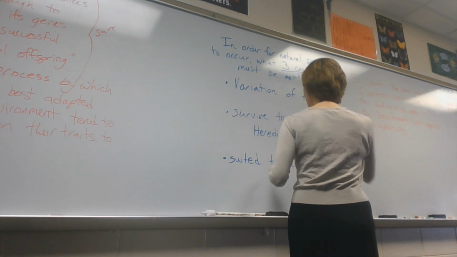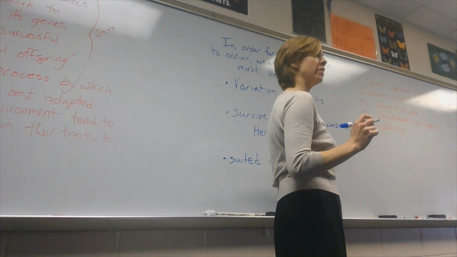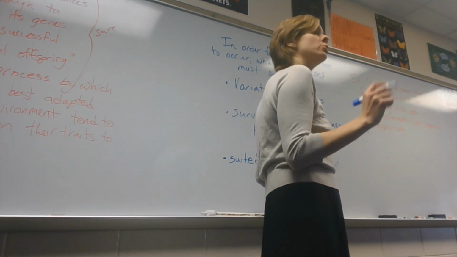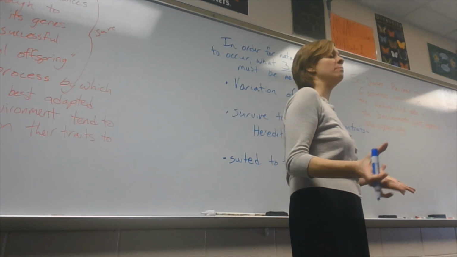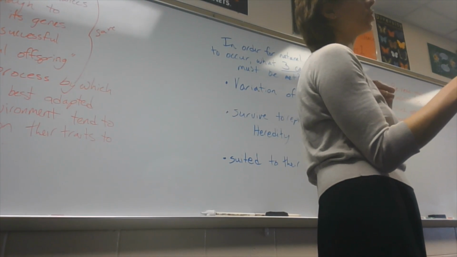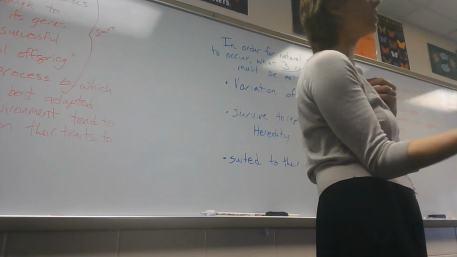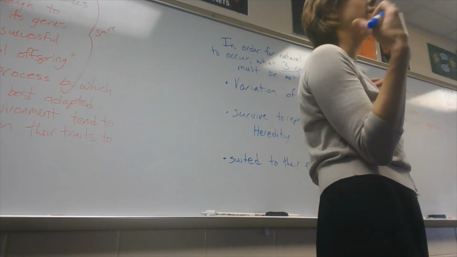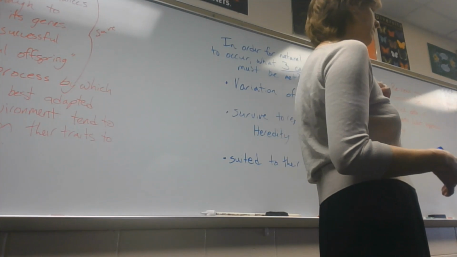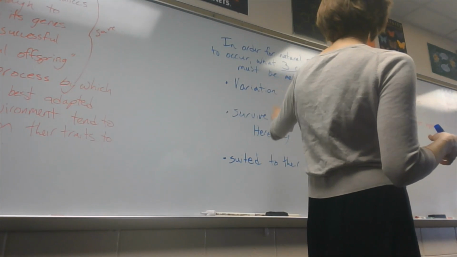Because when you're talking about natural habitat, you are saying they're suited to the environment around them. And because they're suited to that environment, they have all the stuff they need in order to survive, to reproduce long enough and pass on these variations of traits to their offspring that will help their offspring be successful.